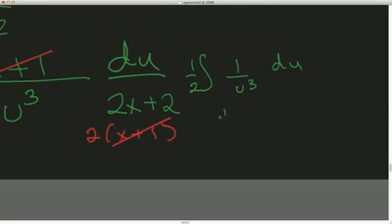Good, good. So then what does that become? Add 1, not subtract 1, dear.